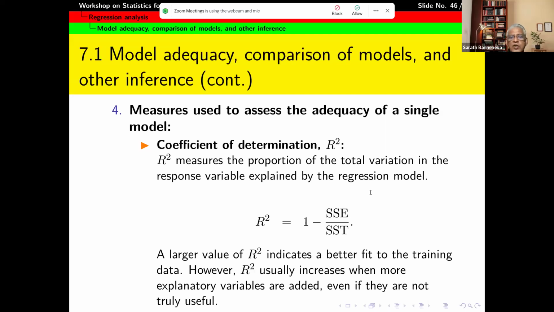Right? So therefore, R square will be the proportion of the total variation in the response variable explained by the regression model. Right?